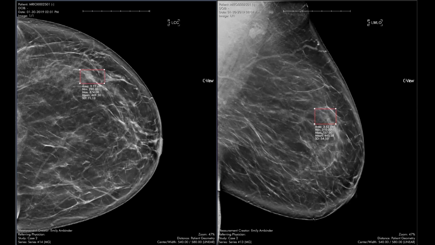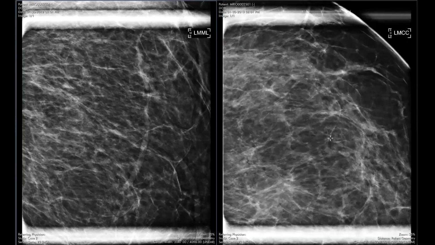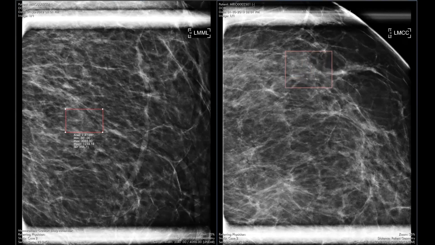So when we have calcifications, we get these special views called magnification views. We do a true lateral and a craniocaudal magnification view to allow us to see the morphology of the finding. And here we see those calcifications. They might be a little bit subtle on the monitor, but they are little white dots that we're seeing here.